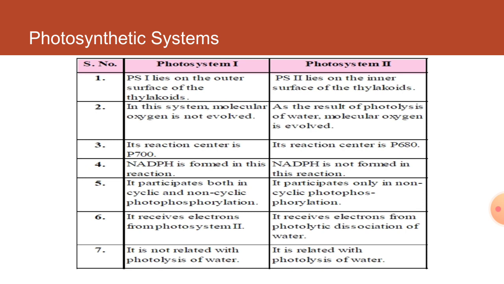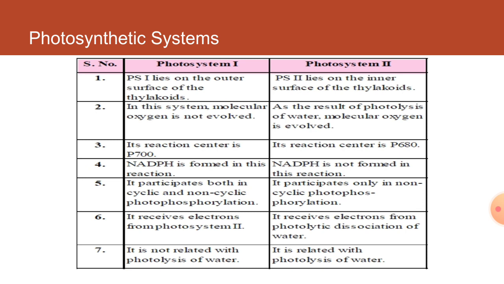Of them, chlorophyll A and B are in a 1:1 ratio, that is, 125 chlorophyll A molecules and 125 chlorophyll B molecules. In photosystem 1, carotene is present more than xanthophylls, whereas in photosystem 2, xanthophylls are present more.